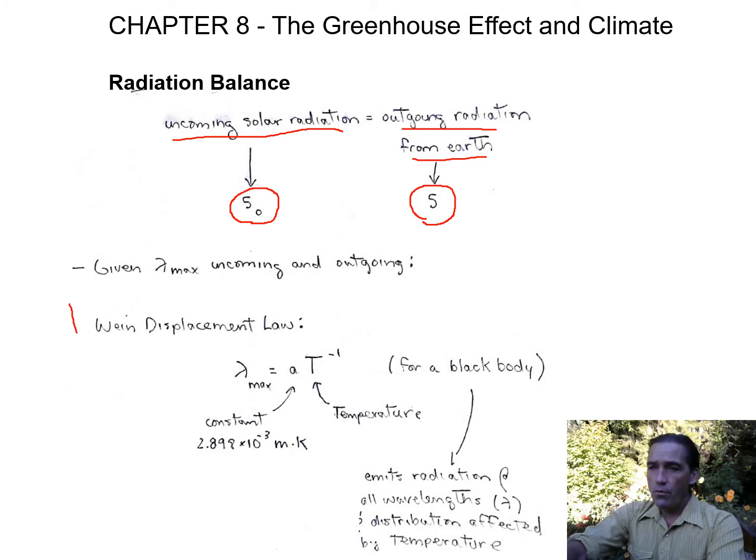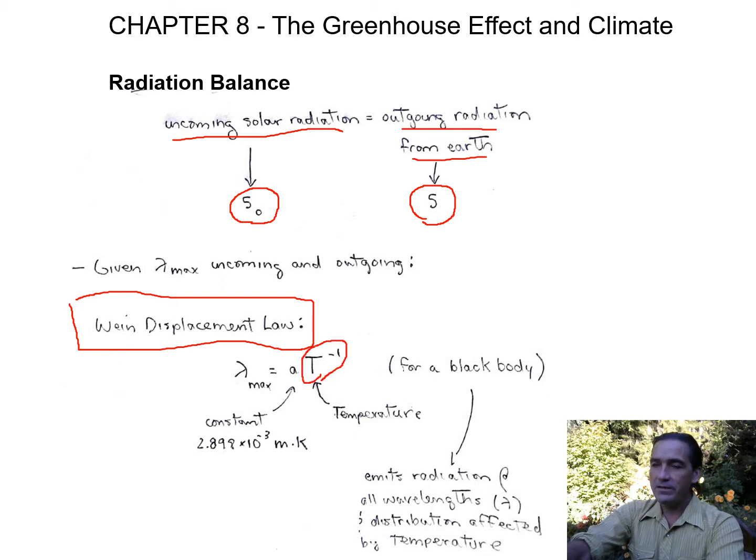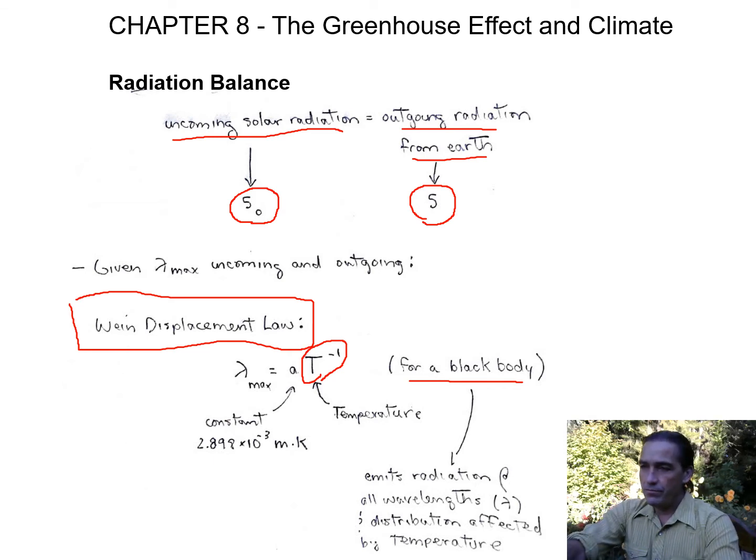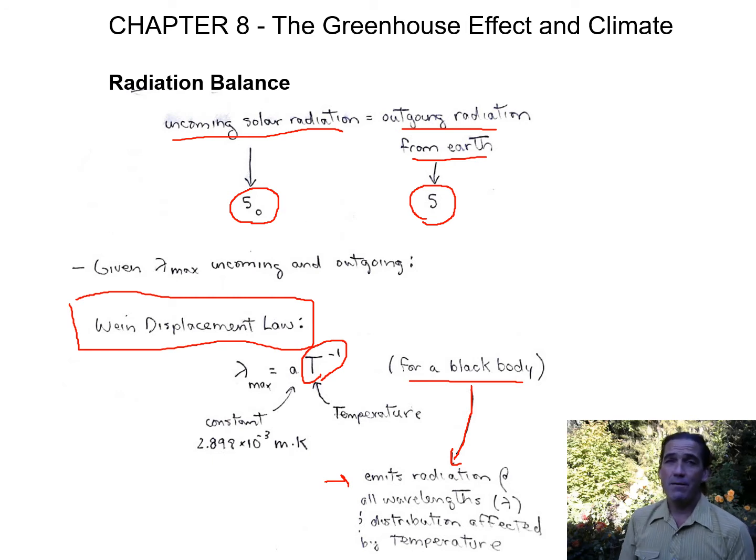And so the first calculation we're going to do is we're going to use the Wien displacement law to figure out the temperature that we would expect given a model where the Earth is a black body. Now, a black body has a very exact, specific definition. It is something that emits radiation at all wavelengths, and it has a certain distribution based upon temperature.